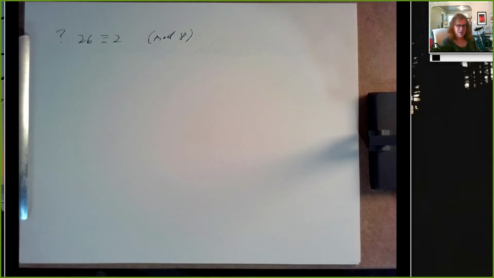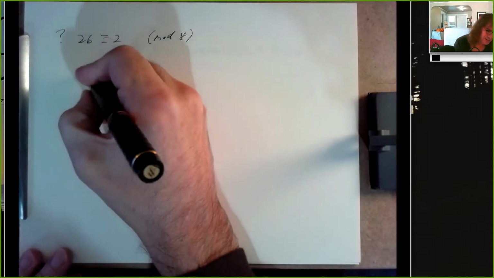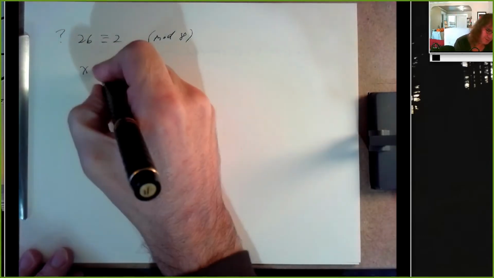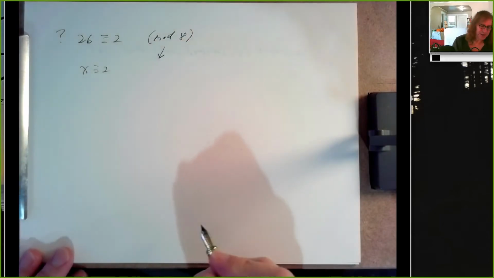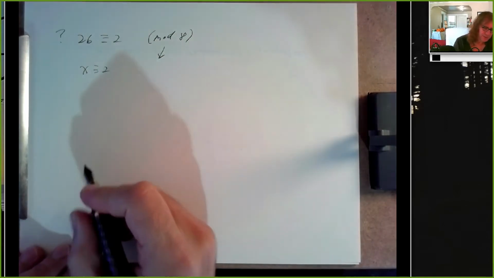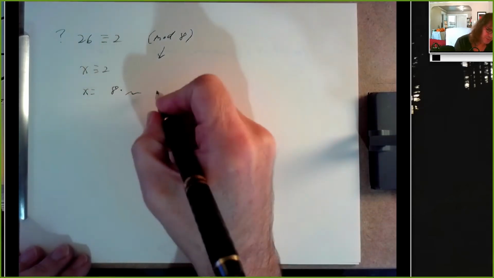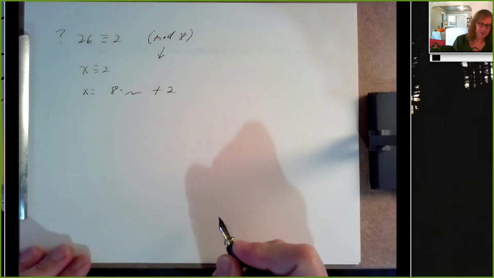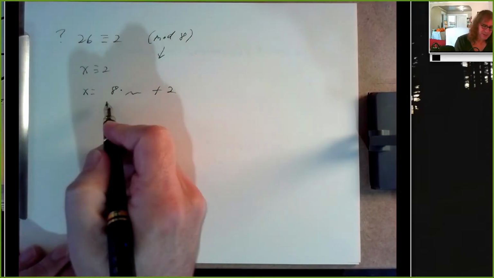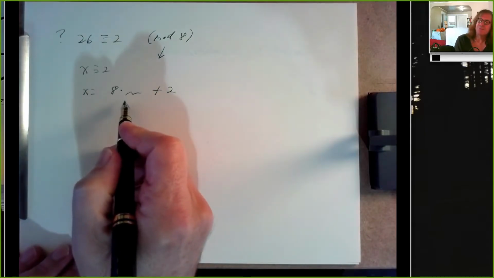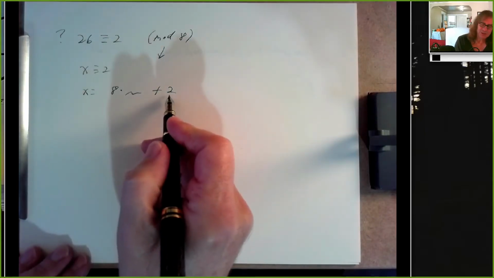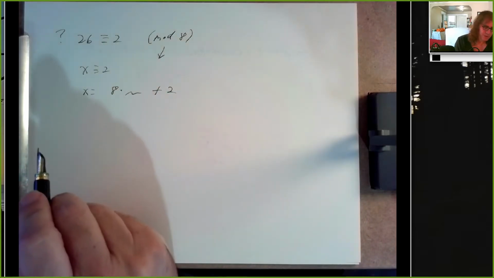So in reality, there are a lot of things that are congruent to 2 modulo 8. If we say that x is congruent to 2, and I'll just assume this is all mod 8, that means x equals 8 times something plus 2 left over. In other words, 8 goes into this some integral number of times with 2 left over, right?